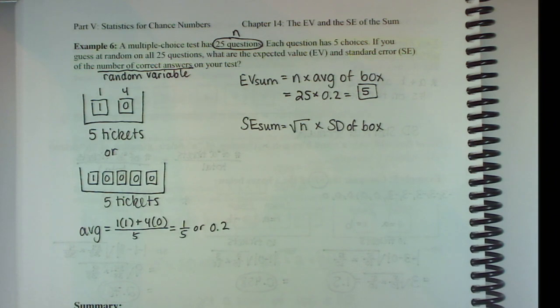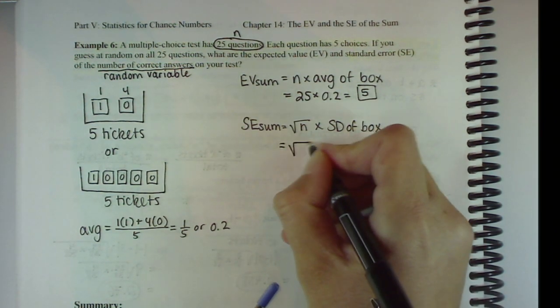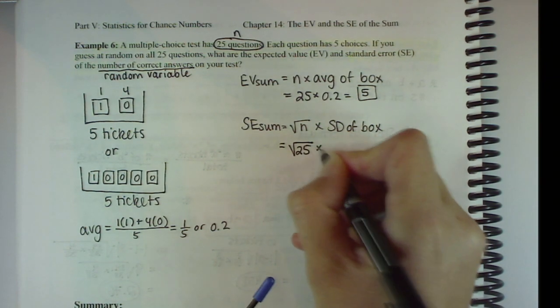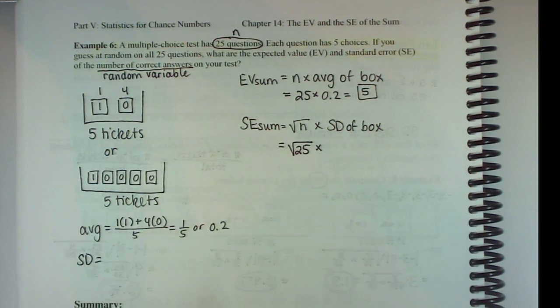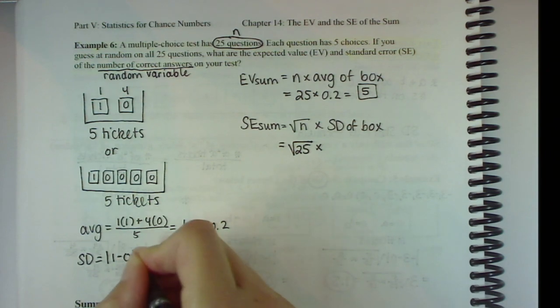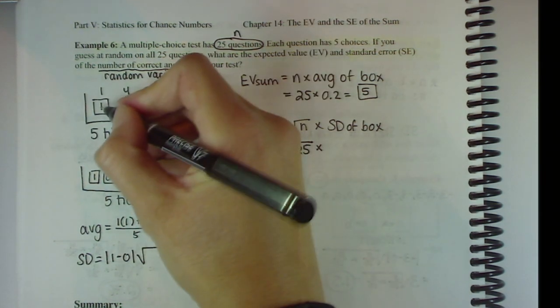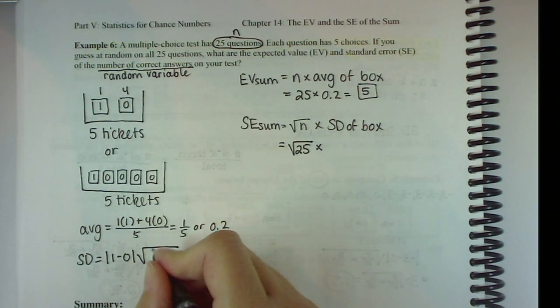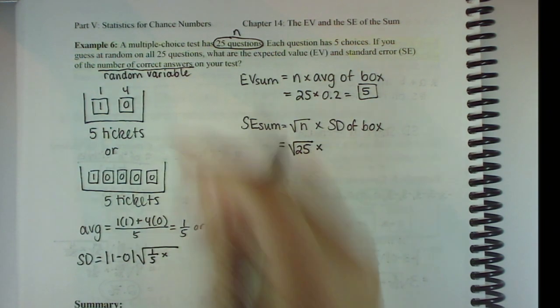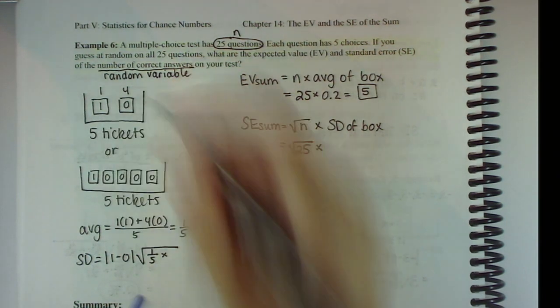But again, 5 is so exact. Let's actually put it in terms of a standard error. So n is 25. The SD of this box, again, I can use the shortcut formula because there's only 1s and 0s. So I would take the absolute value of 1 minus 0 times the square root of the fraction of 1s, which is 1 out of 5 tickets, times the fraction of zeros, or the probability of getting a 0, which is 4 out of 5.